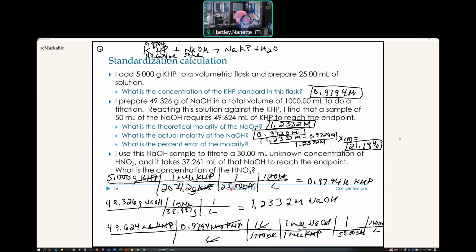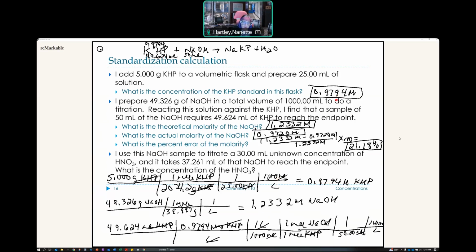And then we divide that by the volume, the 25 milliliters that they say we dissolve this in, which is right here. And then we convert that to liters by multiplying by 1,000 milliliters per liter. And that gives us a 0.9794 molar KHP. Okay, so that's the answer that I have right here. That's the concentration of the KHP solution.